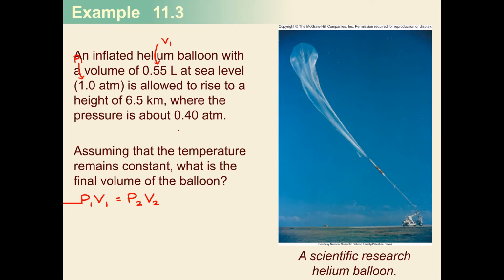Our pressure 2 is going to be our pressure at the higher altitude, and this means that we are going to ultimately solve for V2. This means that we are able to do our mathematical equation manipulation in order to solve for that. So V2 is going to equal P1 times V1 over P2.